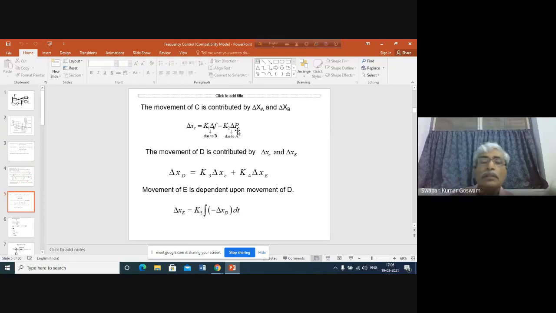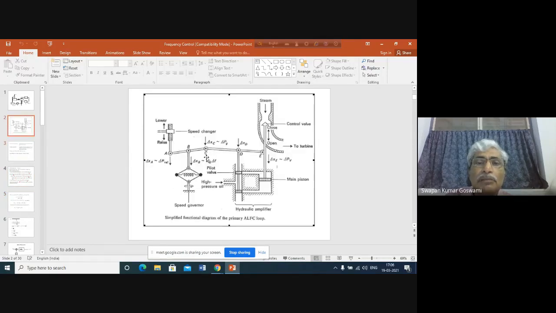Now let us relate the movement of D with the movement of C and E. Basically, we now want to relate the movement of C, D, and E associated with this rigid link.